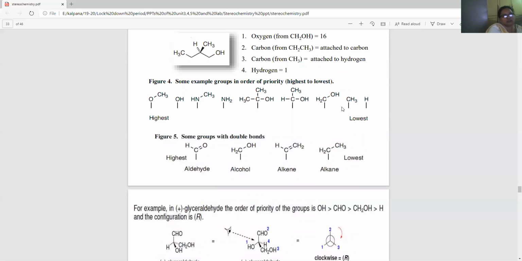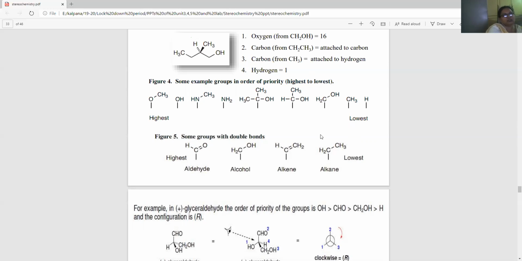There is an order of priority from highest to lowest. That is first OCH3, then OH, then NHCH3, then NH2, then CCH3, CH2OH, then COH, then CH2OH, then CH3, and last will be H. Then some groups with double bonds we also have: CHO, aldehyde, then alcohol CH2OH, then alkene C double bond CH2, and then H. Then we have CH2CH3.